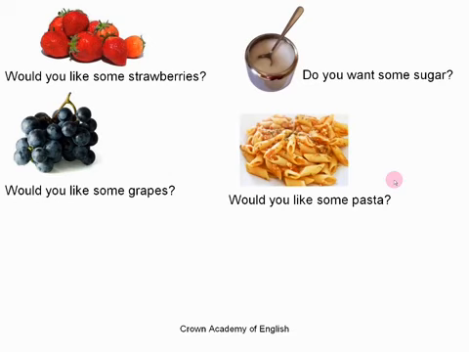Would you like some pasta? So again, in all 4 sentences, we are using the word some, and they are all questions. And these questions are because we are offering something to somebody. Okay, so we are wanting to give something to somebody.